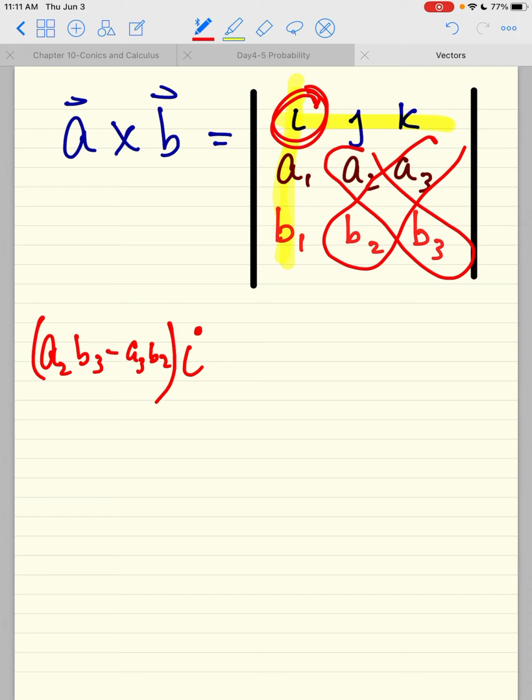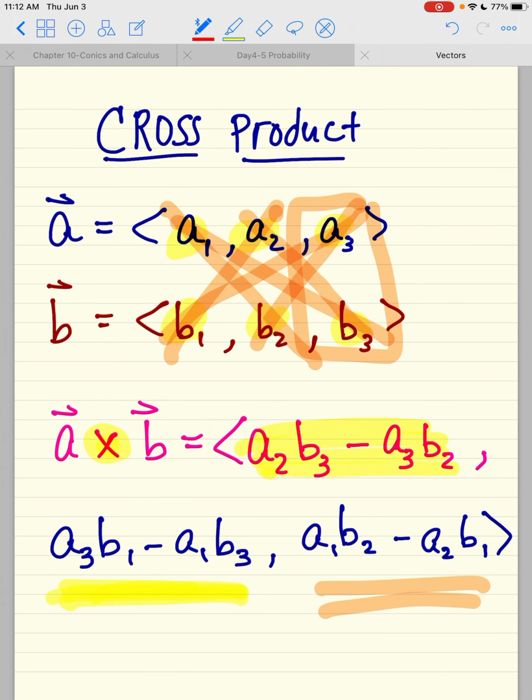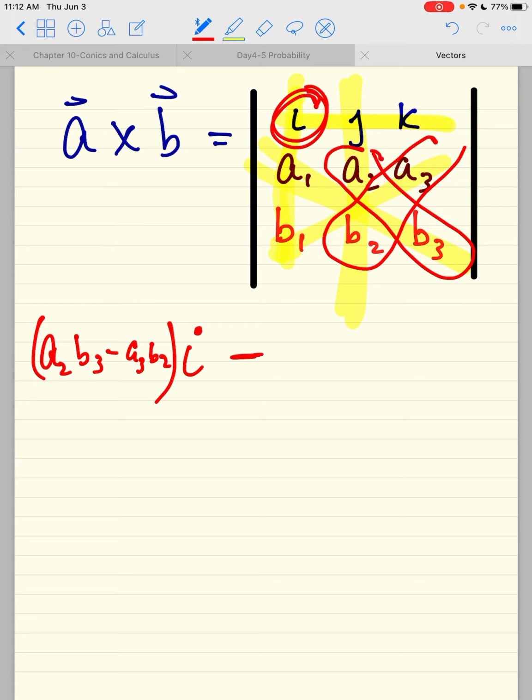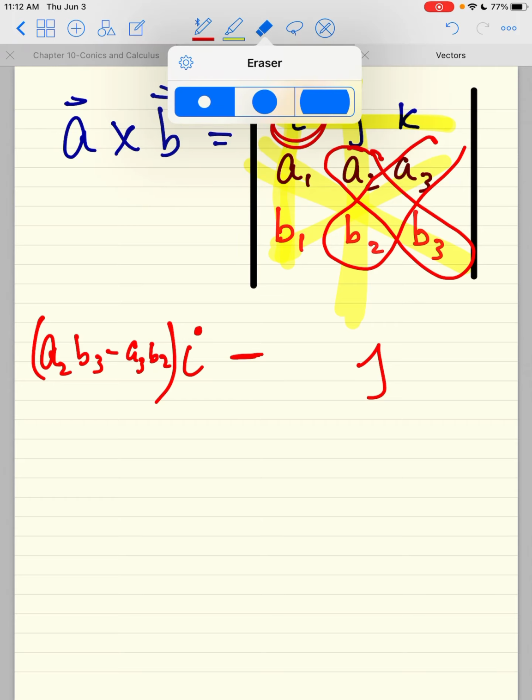In this case here, if you wanted to do the same thing, what you're going to do here is you're going to block off the J, and you're going to do the same thing. But if you do it this way, you must put a negative. Notice here, I did A3, I did it this way. Right? So if you want to do it this way, so let's block off J. We're left with, so I'm just going to erase this right here.